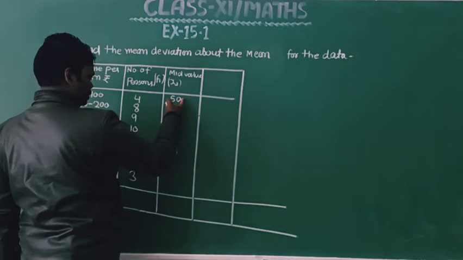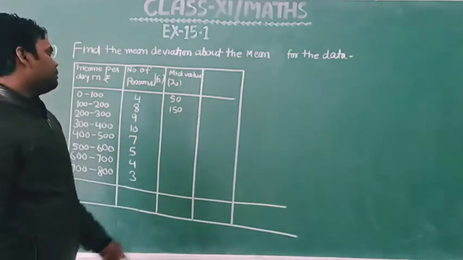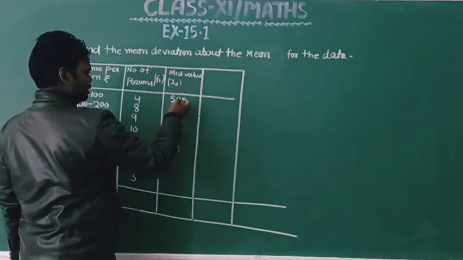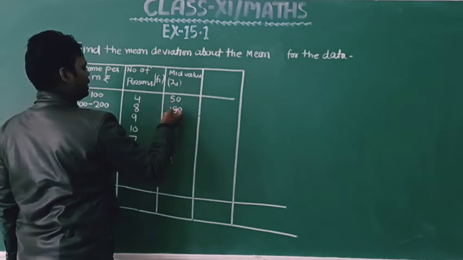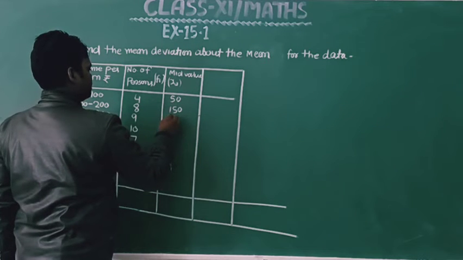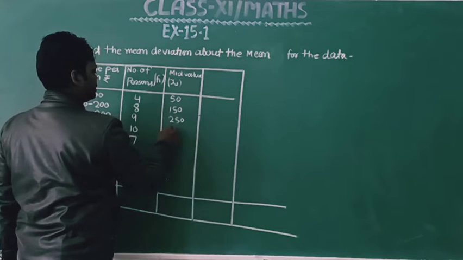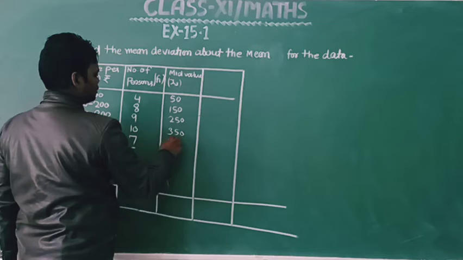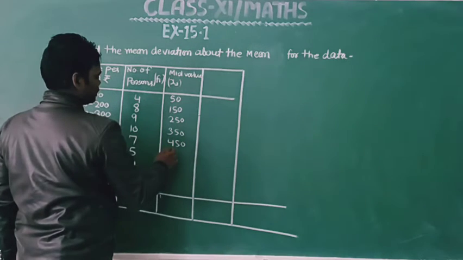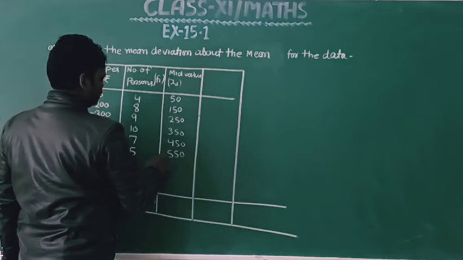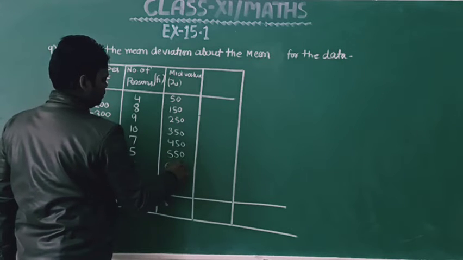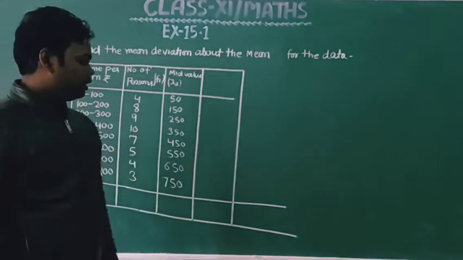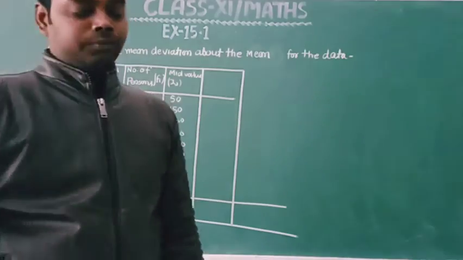Similarly, the gap between two consecutive values is 100, so adding 100 to each term we get the next terms: 250, 350, 450, 550, 650, and 750. This is the mid value of each class interval.